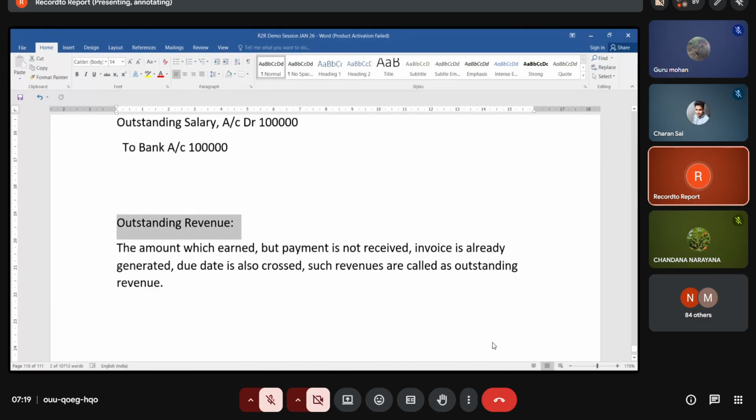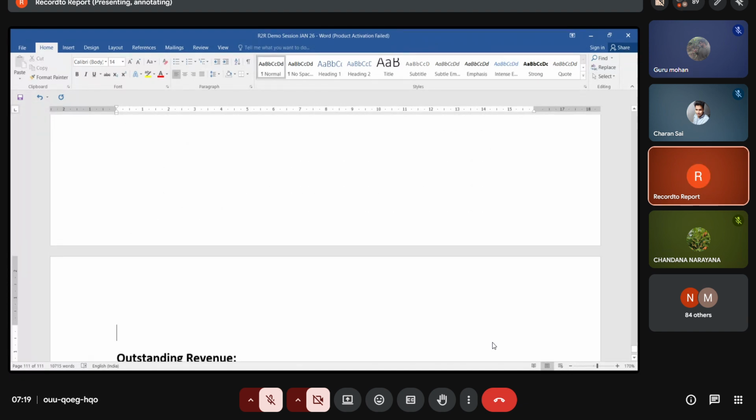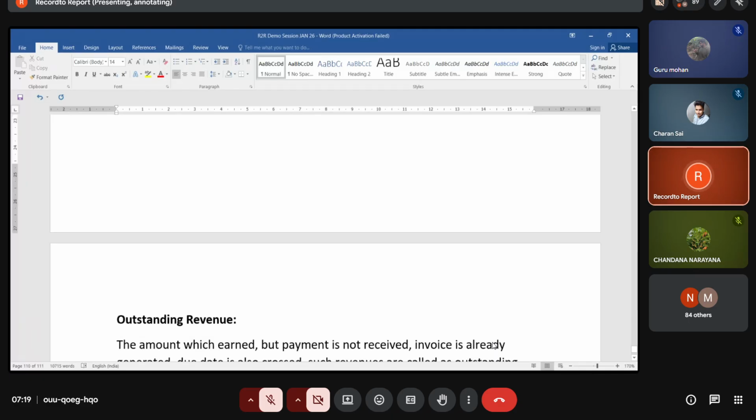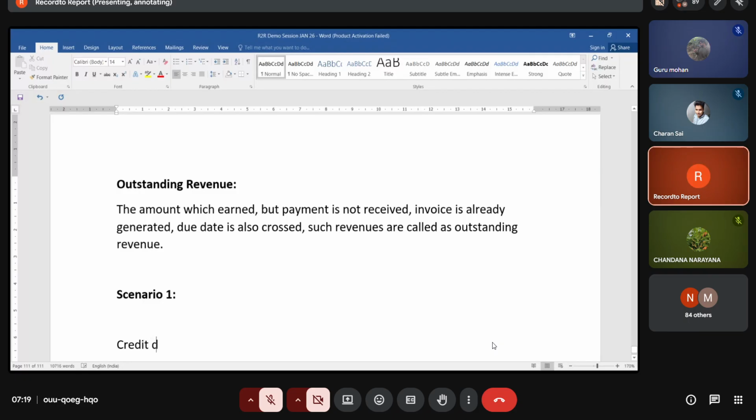Guys, see, example, two different scenarios. Scenario one: assume you are working with an HDFC credit card. Your credit card due date is that you have to make the payment on the 30th of every month.